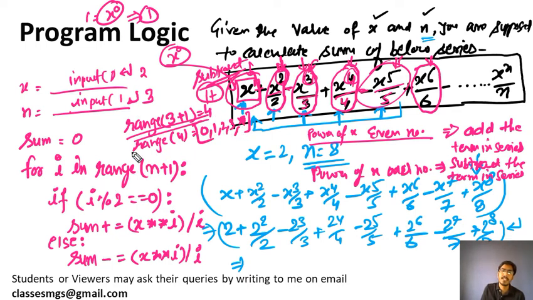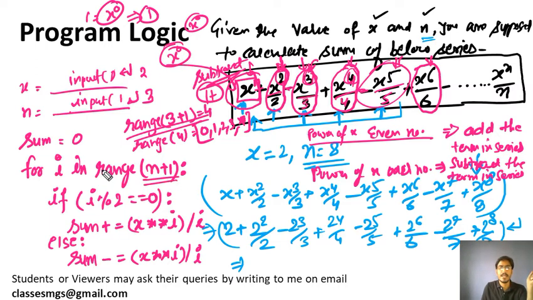But in this case we need to start it with 1 at least, so that the 1 plus means the first term, and x raised to power 0 need not be calculated. That's why we need to change this first, so that our first term, x raised to power 0, is not calculated.